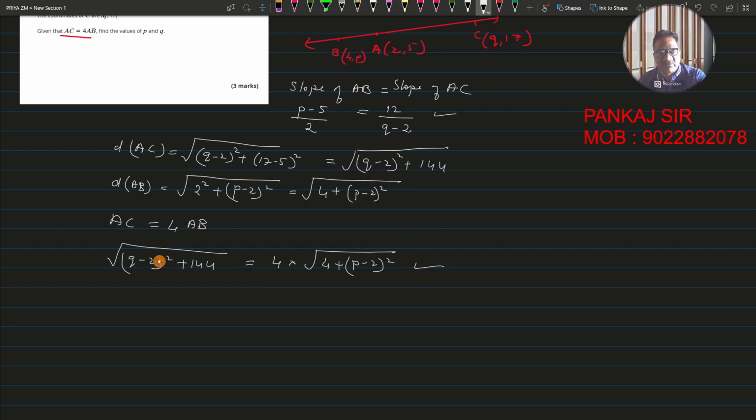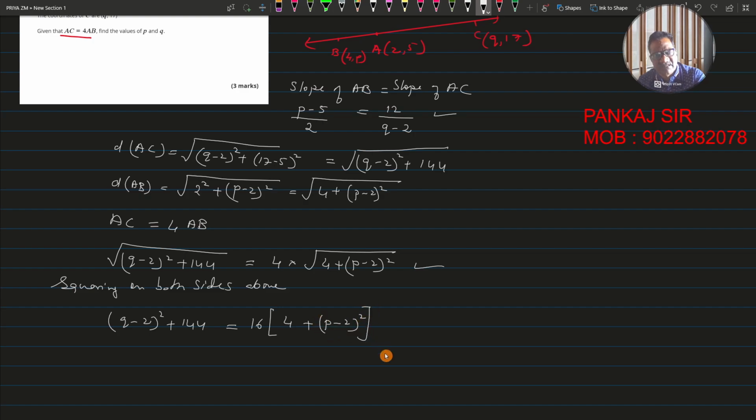Now see what I am doing. This is the statement that we are getting. What we can do is get rid of the square root on both sides, so I will square both sides of the above. Squaring both sides will give me (Q minus 2) the whole square plus 144 equal to, now 4 square will be 16 times, and the square root will also vanish, so I'll get 4 plus (P minus 2) the whole square.